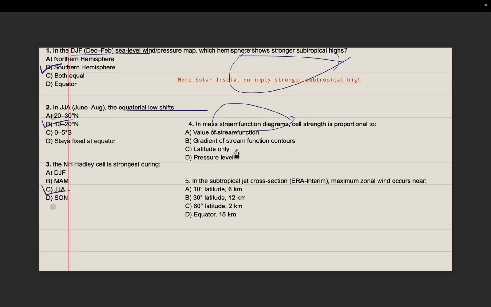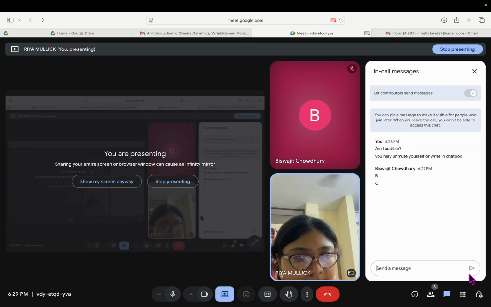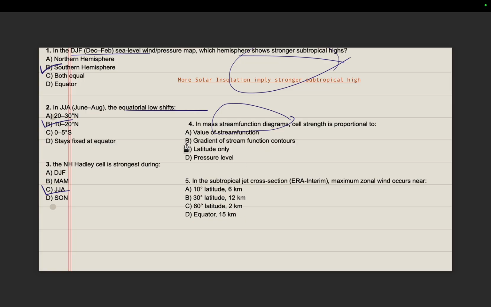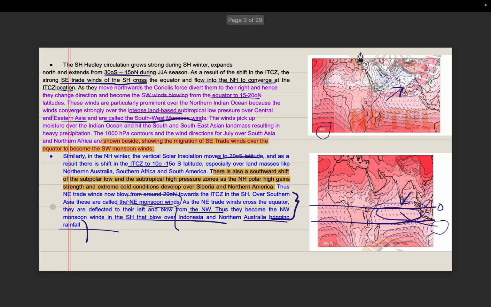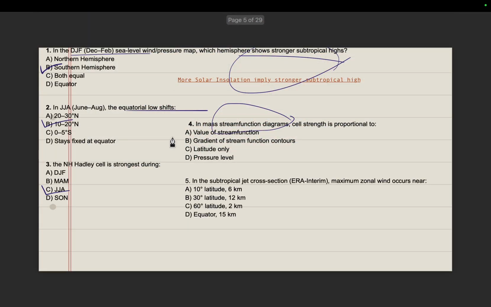Option A is the value of stream function, the gradient of stream function contours is next, then latitude only, and option B is pressure level. For question 4, in this kind of contour diagram, the gradient of this function is always proportional to the cell strength.